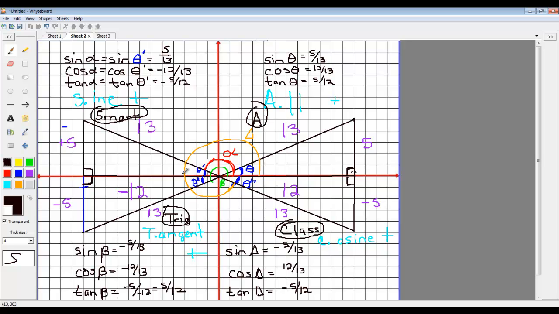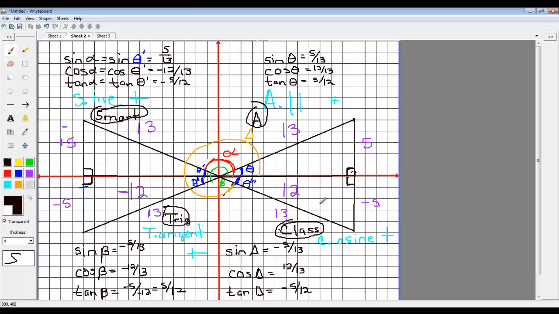Or if your angle comes all the way over here in quadrant 3, just pay attention to what this little angle is between the hypotenuse and the x-axis. Or if your angle comes over into quadrant 4, pay attention to what this angle is between where the orange ended and where the x-axis is.